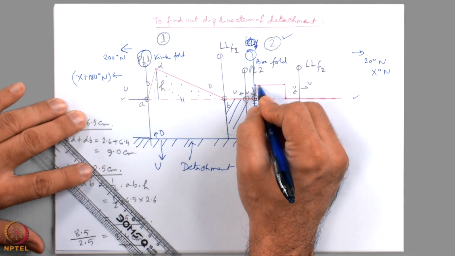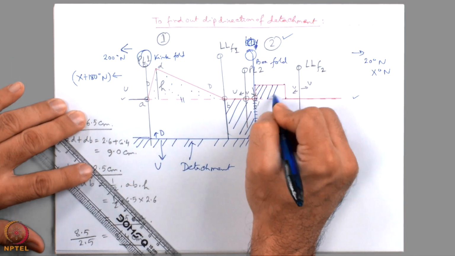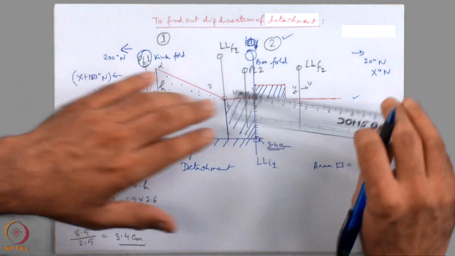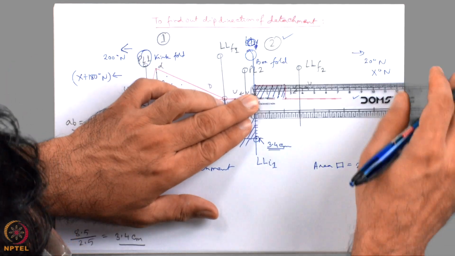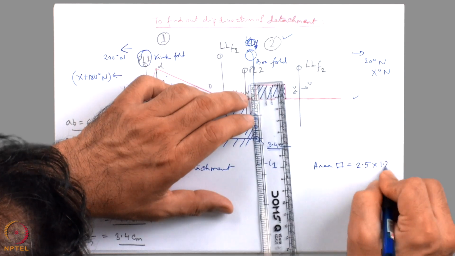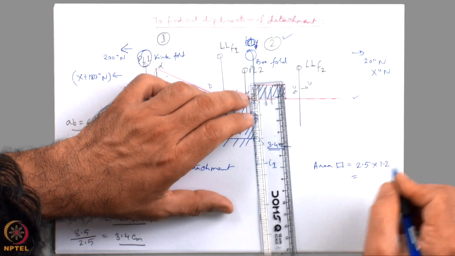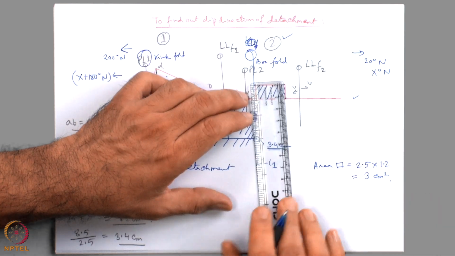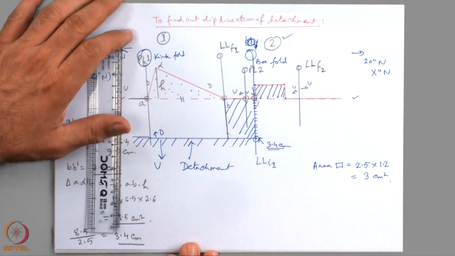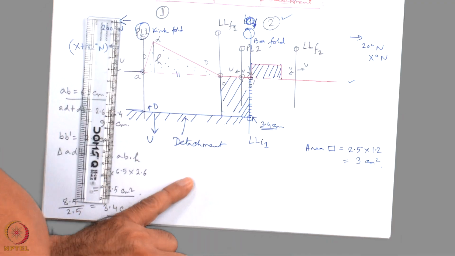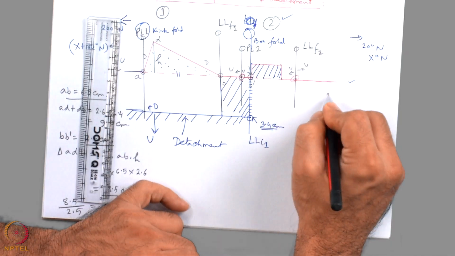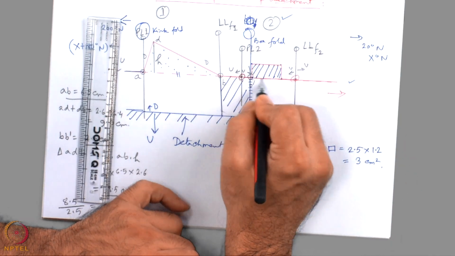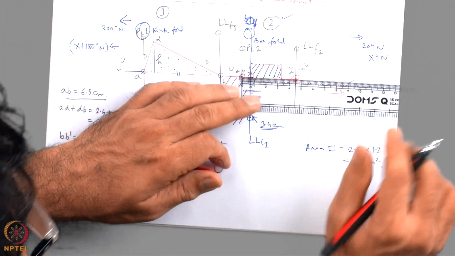The area covered by this box fold, which I shaded, is given by 2.5 centimeter multiplied by 1.2 centimeter, which is equal to 3 centimeter square, and the distance between the pin lines measured along the line itself is how much?